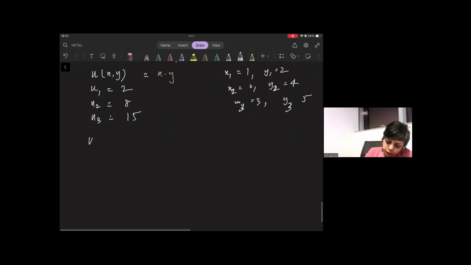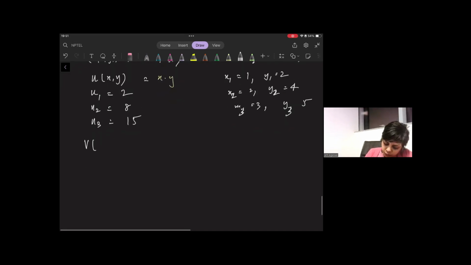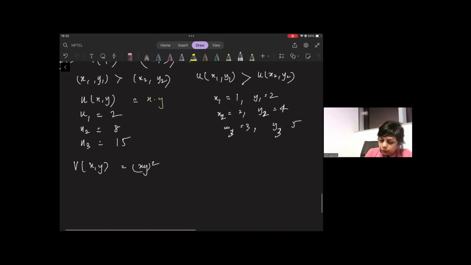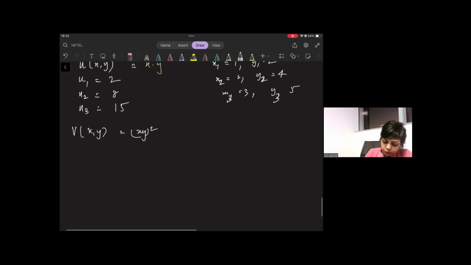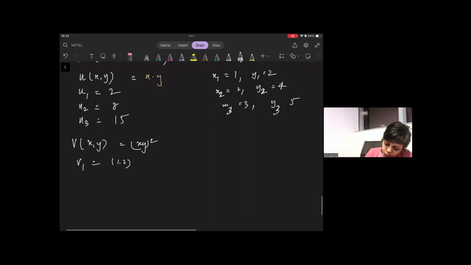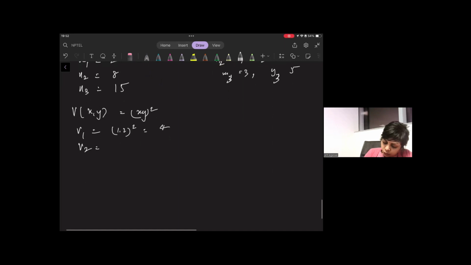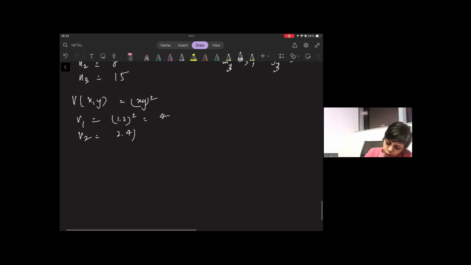Now, suppose there is another utility function V for the same goods X, Y, which is (xy) whole square. We calculate V for the same values. V1 is 1 into 2 square, which is 4. V2 is 2 into 4 square, 64.